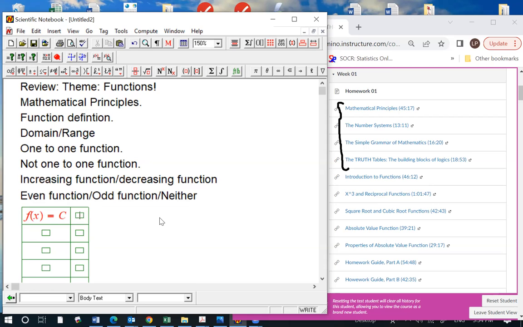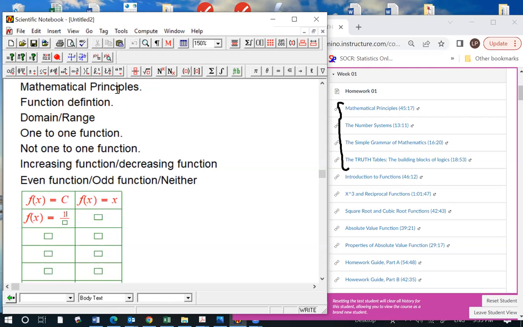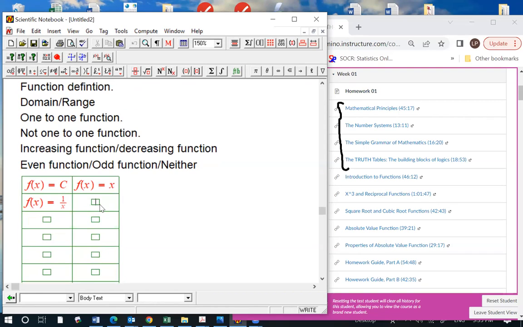So constant functions, functions such as the first group of functions we talk about. Alpha of x equals 1/x. And the next function we talk about, it may not be in that order, say x squared.